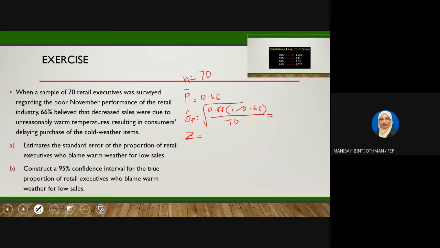So what is the standard error of the proportion? 0.057. Okay, so what is the Z value based on the 95% confidence interval?